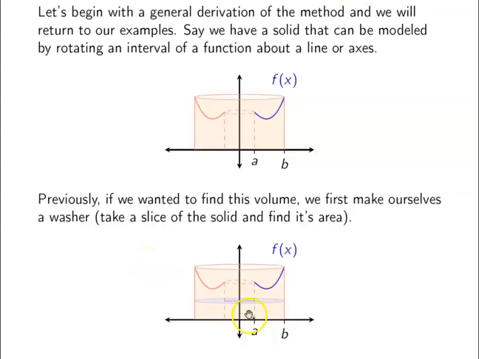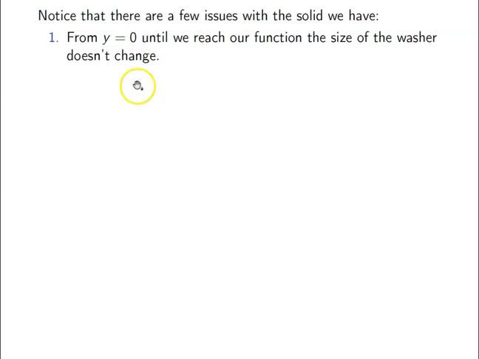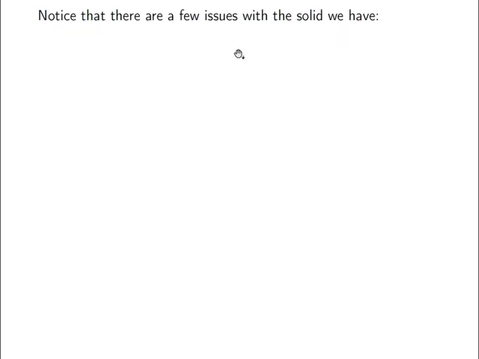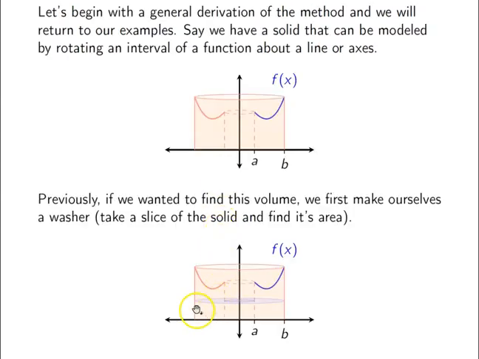But for this, we run into some issues. Down here, we have no problems at all. From y equals 0 until we reach the bottom of our function, the size of the washer doesn't change. From the axis to the bottom point, the whole thing looks the same. It's basically a constant function at that time.